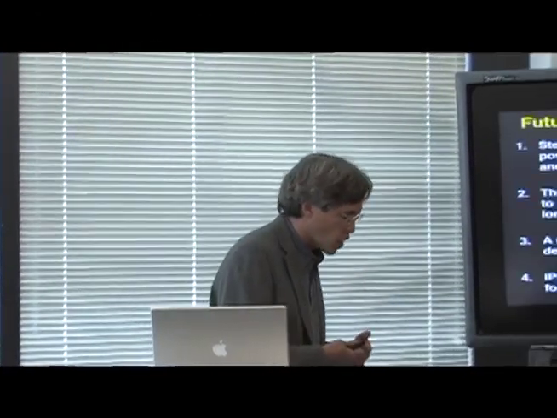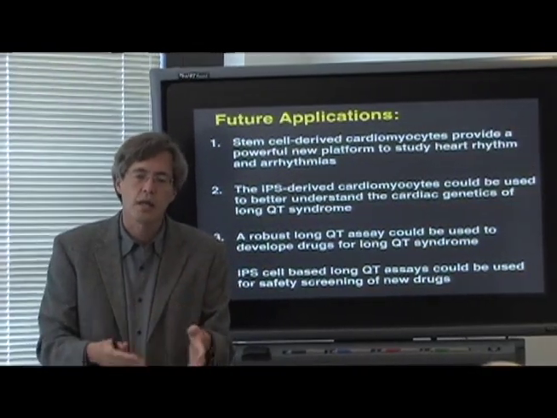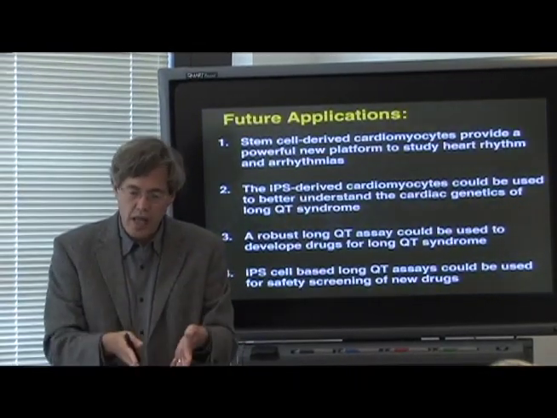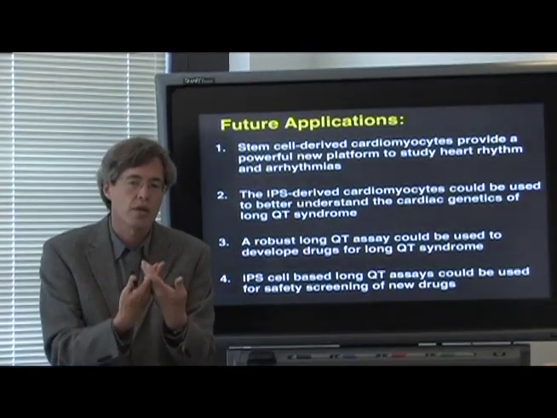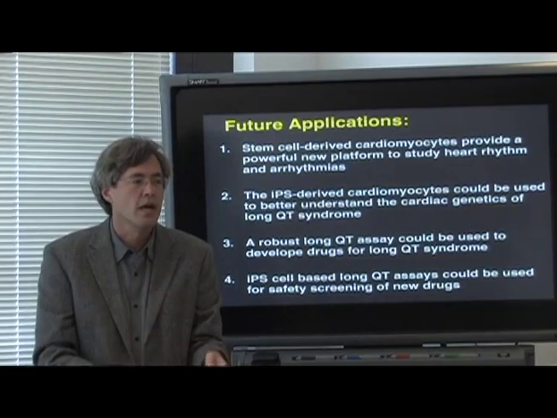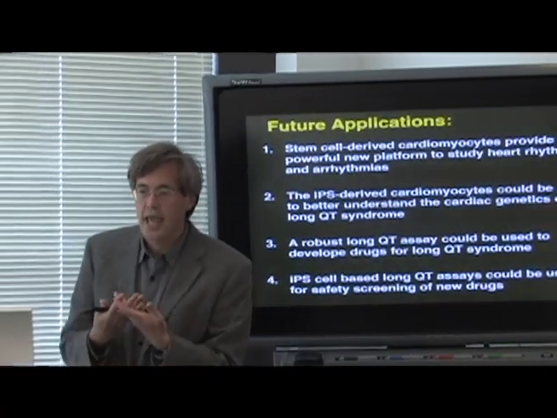And I should say that the current state-of-the-art for this is actually to take a hamster cell and transfect it and force it to be expressing a particular type of channel, called the hERG potassium channel, and then testing drugs on this. This essentially hamster fibroblast is a good test, but it's not a human heart cell.